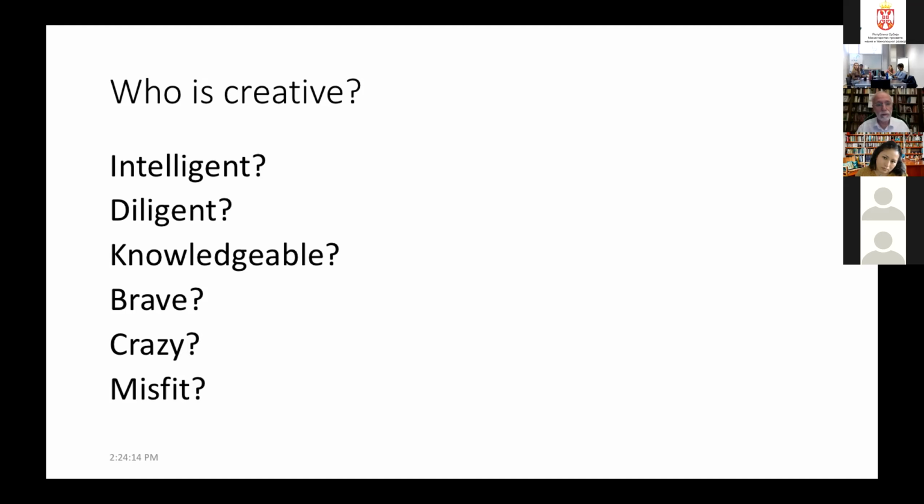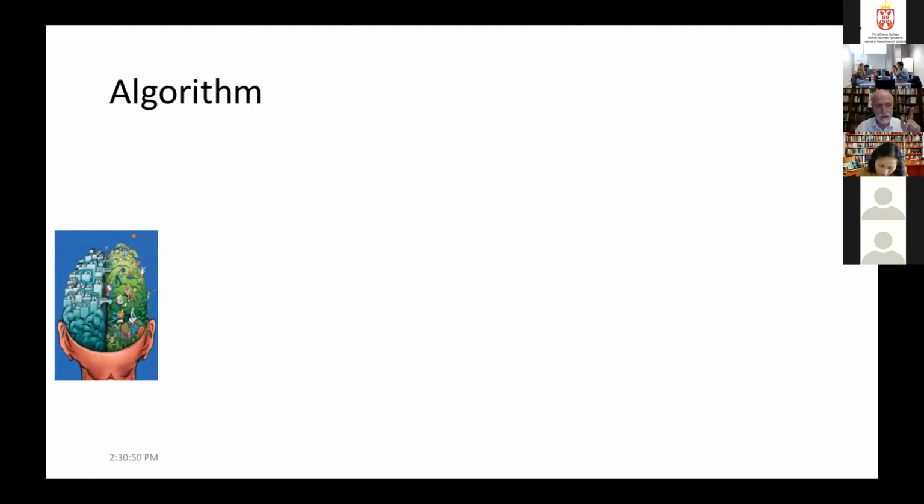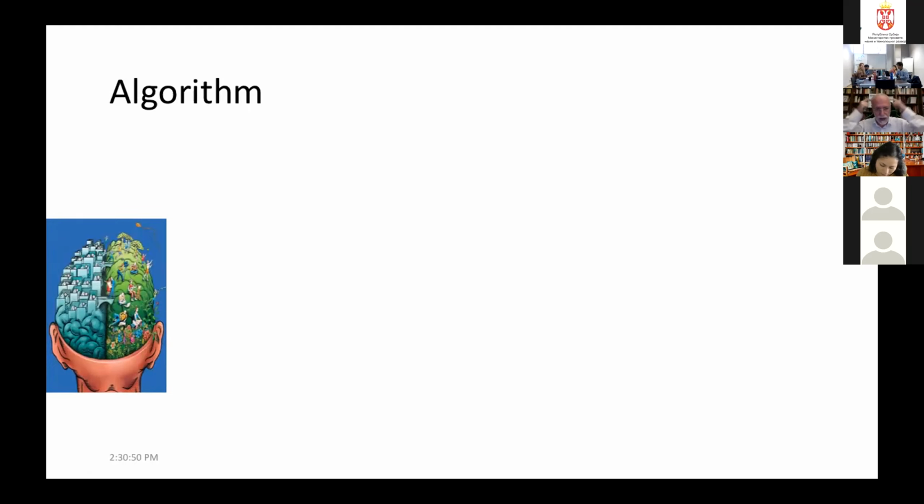And now, where is my cursor? Here. There is an algorithm that you can find in any book about creative problem solving, and you know the algorithm from your experience. The first step is to use both sides of your brain, the left and the right one.